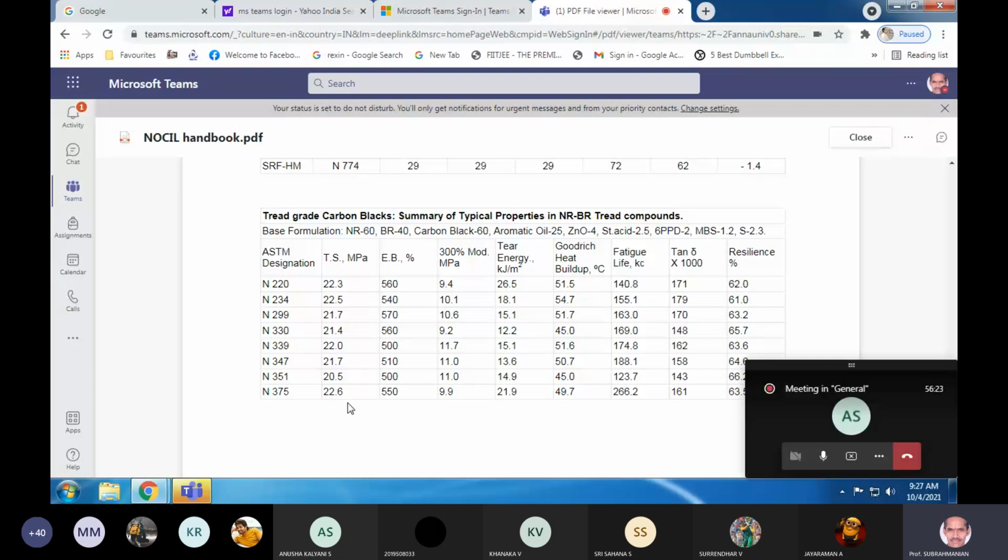That is for fuel efficiency. And carbon black, why carbon black? Reinforcement, particulate filler reinforcement. So carbon black plus silica or silica alone, a lot of combinations. In addition, there is the base polymer combination, and you can also manipulate this trend with the oil we choose.